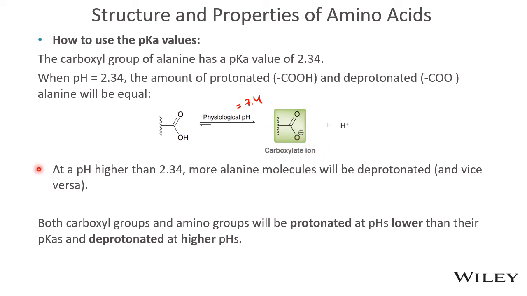So at all pHs higher than 2.34, which is the pKa of the carboxylic acid, more of the alanine molecules will be deprotonated. And vice versa. At pHs lower than 2.34, we're going to have a higher concentration of the protonated carboxylic acid. So for both carboxyl groups and amino groups, we're going to see them protonated at pHs lower than their pKas and deprotonated at pHs that are higher.